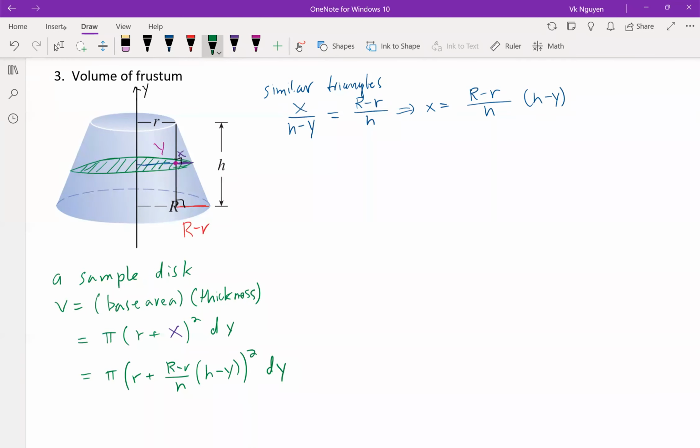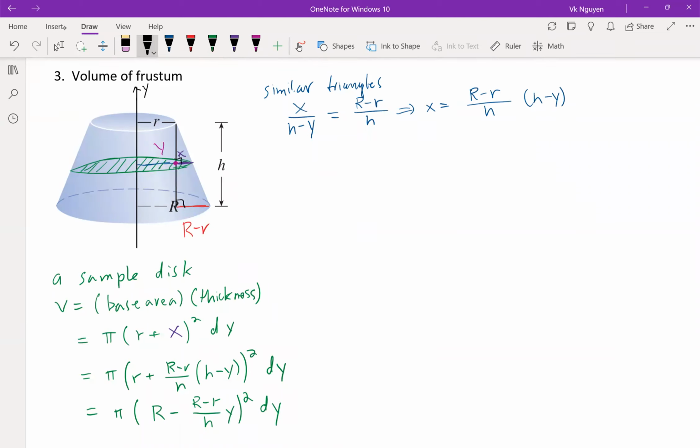Well, we can distribute and work out the algebra to get pi times the bigger r minus the bigger r minus the smaller r over h times y, square, dy. Okay, this is good enough though.